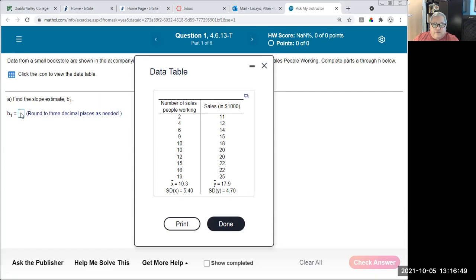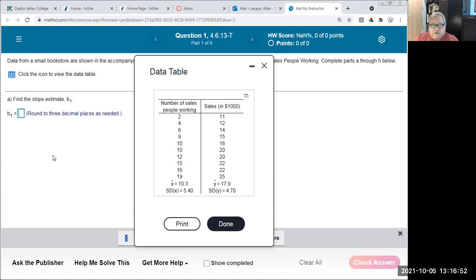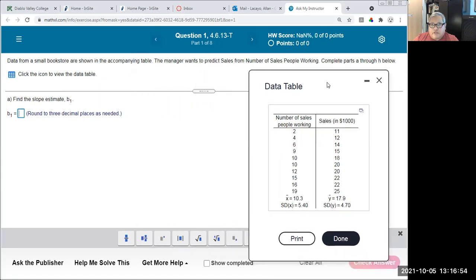And the first question is, what is the slope? So if you were working this by hand, you would need to multiply the correlation coefficient, which is a measure of how X and Y relate to one another variation-wise. And then you would use this correlation factor as an adjustment to the rise over the run of the model.